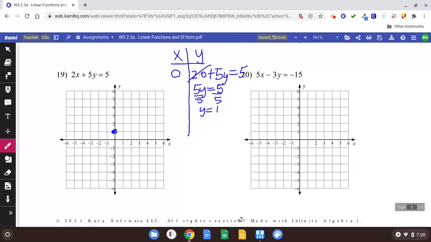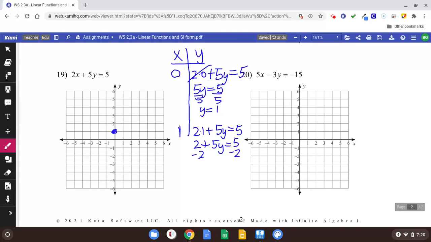Now, the next easiest thing to do is not actually plug in 1. Well, I guess you could. You can plug in 1 if you want. Let's do that. Let's plug in 1. So 2 times 1 plus 5y equals 5. So 2 times 1 is 2. You got plus 5y equals 5. We need to isolate the y because we want y.